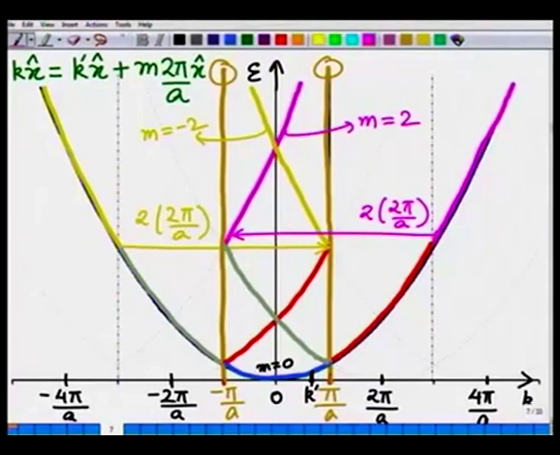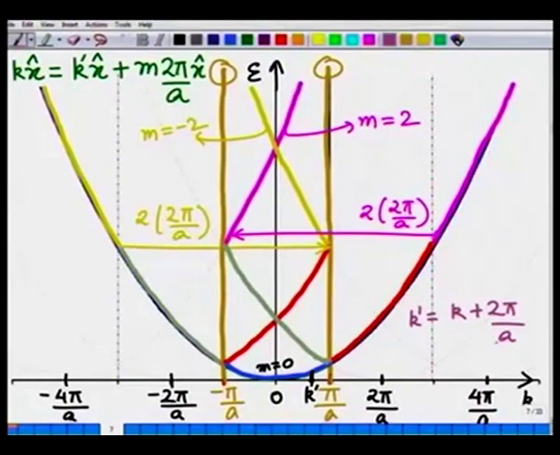If I want to take k prime to be this point which I am showing you here, and I use m equal to minus 1, then it simply means that k prime is equal to k minus 2 pi by a.